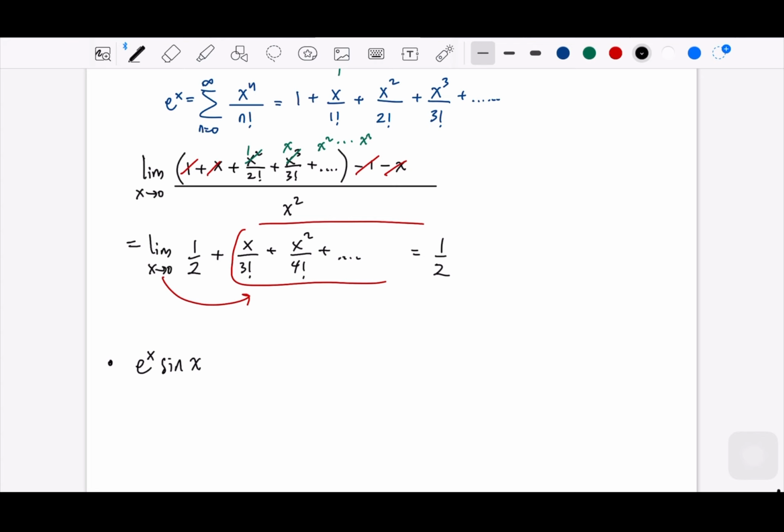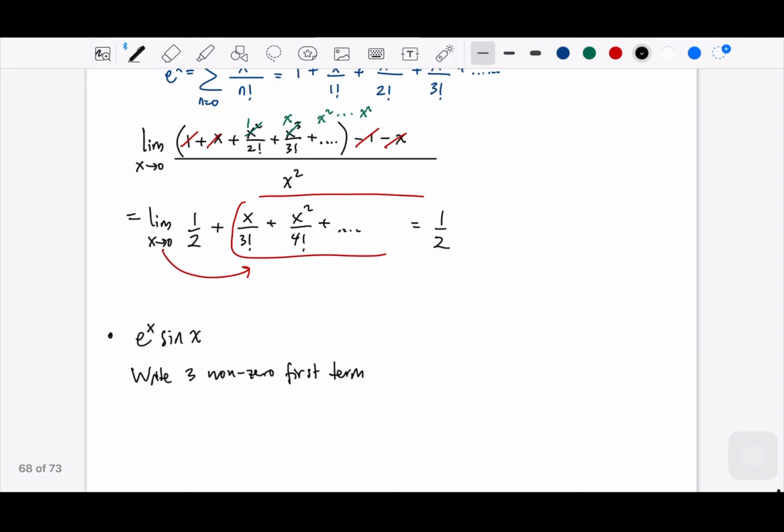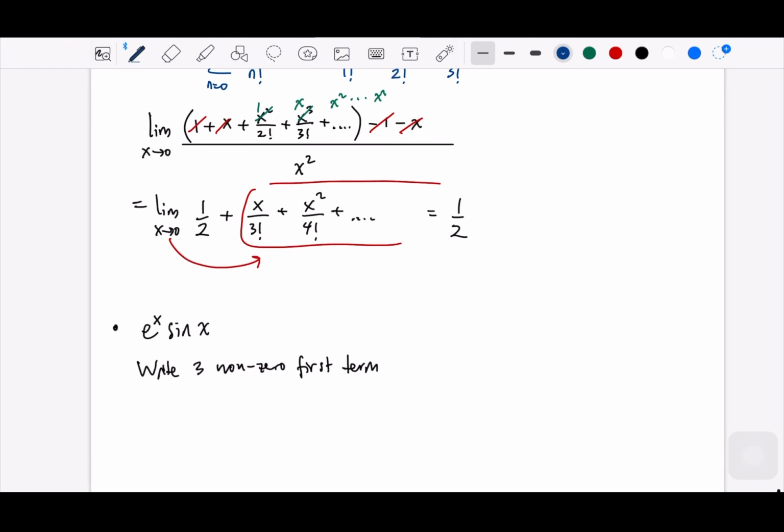That's a typical question that will be asked: write the first 3 non-zero terms from these functions.